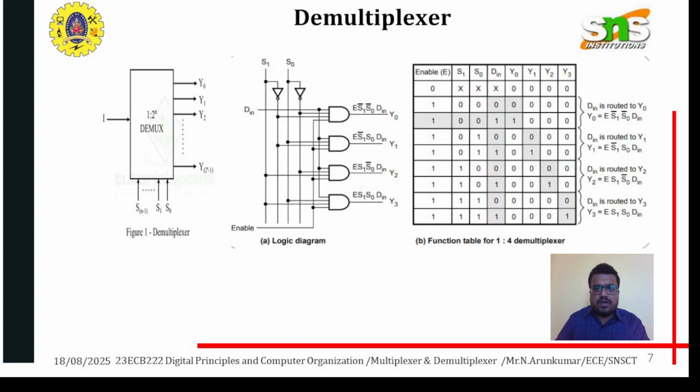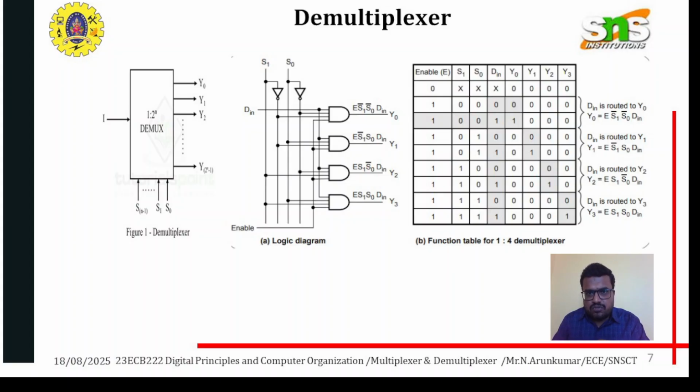I am giving only one input, Dn, and Dn is given to all the gates. Moreover, the selection lines are common, taken as S0 and S1. After the NOT gate, it is considered as S0 bar, and the same is implemented for S1 bar also. All the values are given to the NOT gates and AND gates, and then the final value is taken.